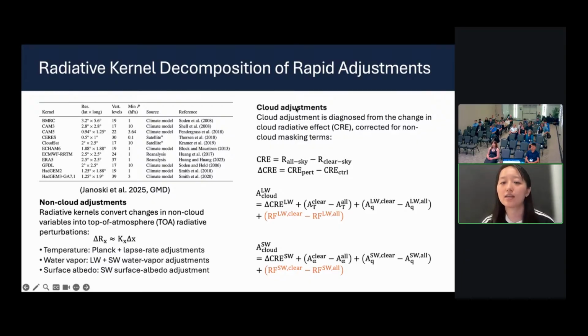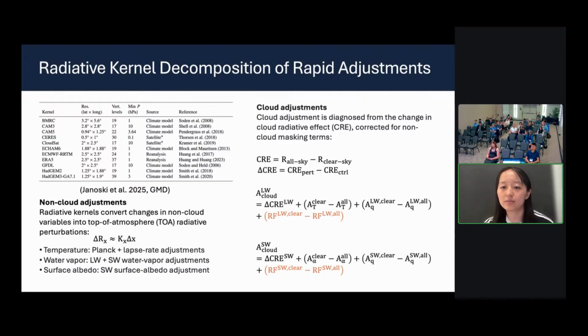For the cloud adjustments, the calculation is a bit more complicated. We start from the cloud radiative effect, and then apply corrections for cloud masking and forcing differences before separating the cloud response into longwave and shortwave components.